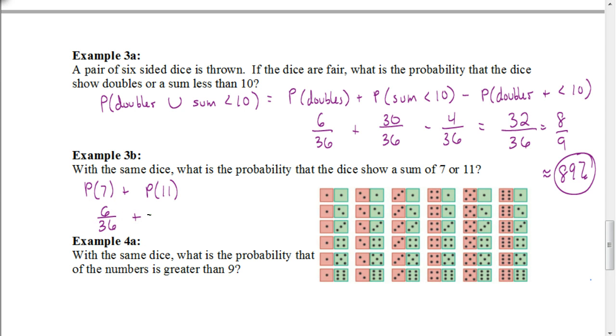The probability of getting 11 happens just these two times, so 2 out of 36. Add those together, we get 8 out of 36, which reduces to 2/9, or about a 22% chance.